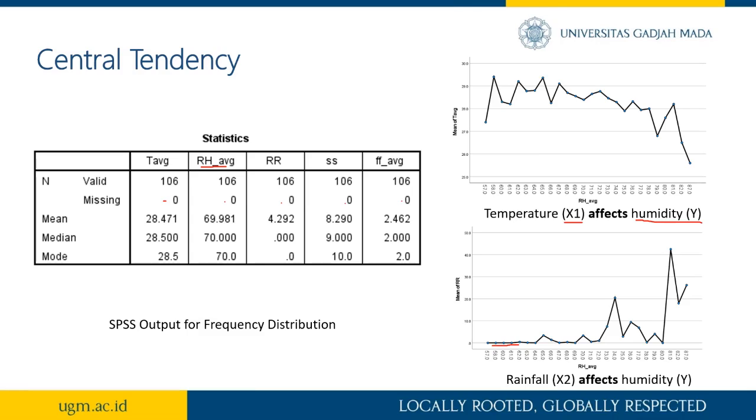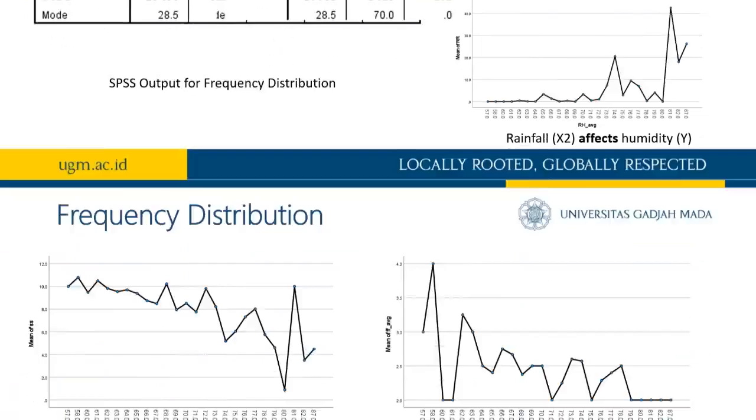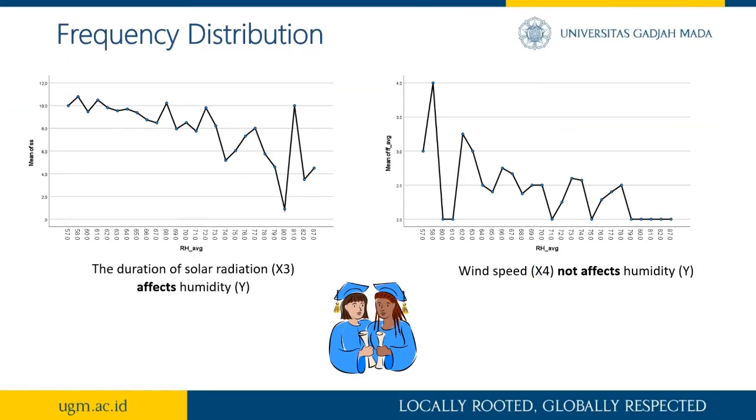Because when the temperature is very hot, the humidity will be very high. And when it is the high season of raining, the humidity will be very high. And as well the duration of solar radiation will affect humidity.